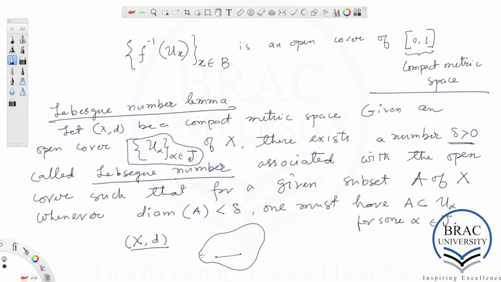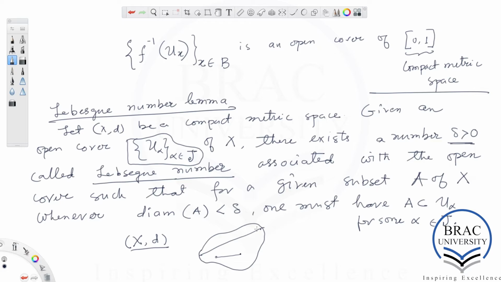So in this case, the diameter of this set is going to be like this: the biggest distance between any 2 points, the supremum of all the distances. To be more precise, the least upper bound of all such distances between any 2 points of the subset is called the diameter of the given subset.